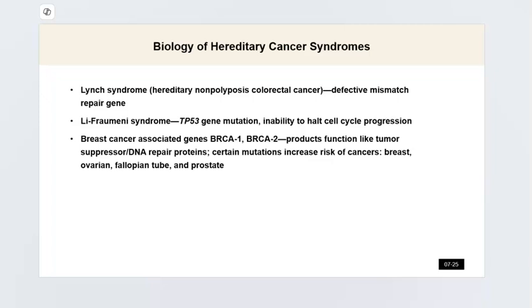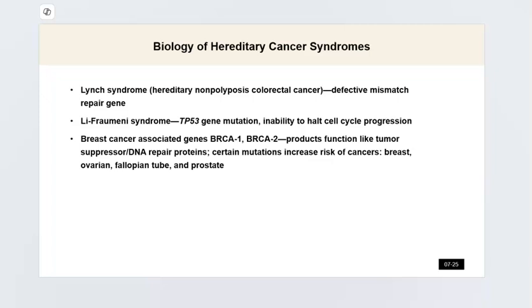Some of the specific hereditary cancer syndromes that we have to know about is Lynch syndrome. And this is typically because of a defective mismatch repair gene, and this causes the non-polyposis colorectal cancer. Then we have the Li-Fraumeni syndrome, which again involves that p53 gene mutation.